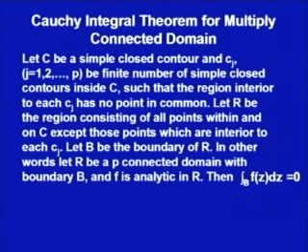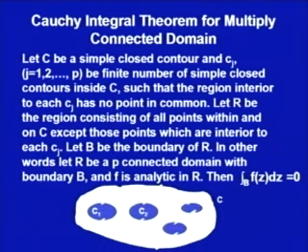Let us see what we are trying to say with the help of a figure. This is a multiply connected domain. We have, for example, these 4 holes, so this is a 4-connected domain. We have one outer boundary C, and then a finite number of simple closed contours Cj.